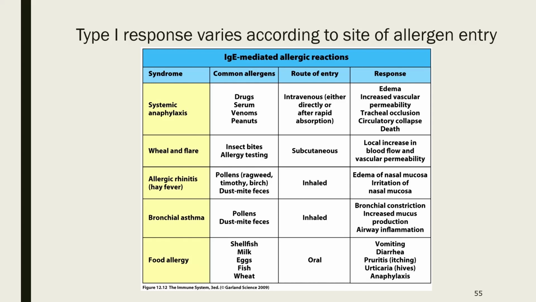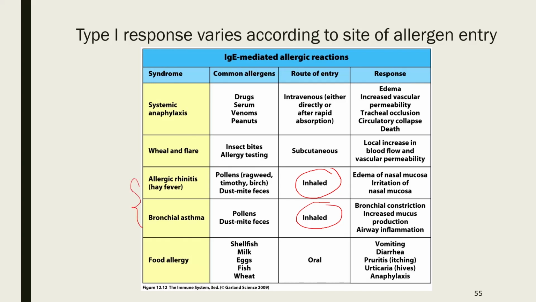Alright, moving on. Here is a summary or preview table of the different sites of allergen entry. We tend to think a lot about just sniffing it in, through inhalation. Through inhalation, allergic rhinitis, more chronically, could lead to bronchial asthma. We are quite familiar with these types of allergen exposures.